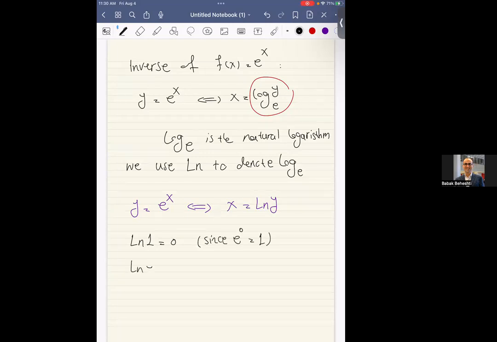What is ln of e? 1, because e to the power 1 is e. And similarly, ln of e squared is 2, obviously, and so on.